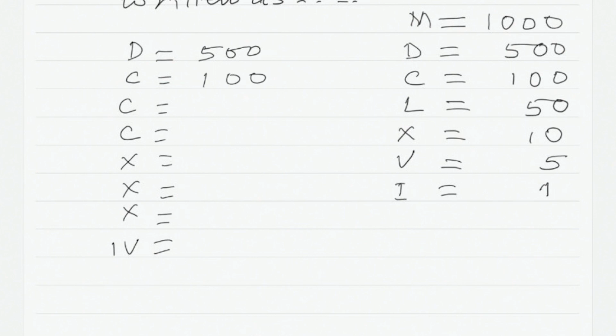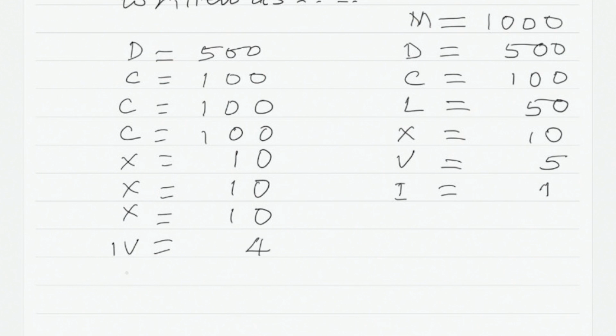So that we just pick the symbols that are being represented by the letters that are used in the Roman numerals. We know D stands for 500. C stands for 100. 10 stands for X there. So another X. X there.